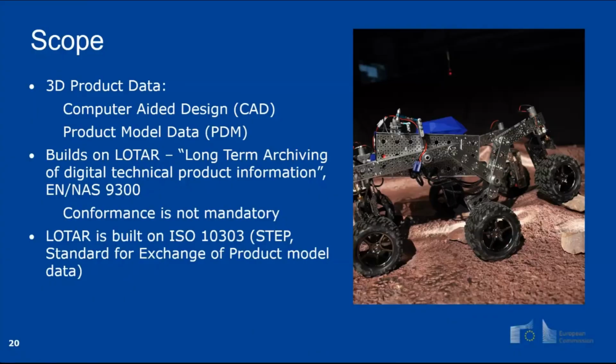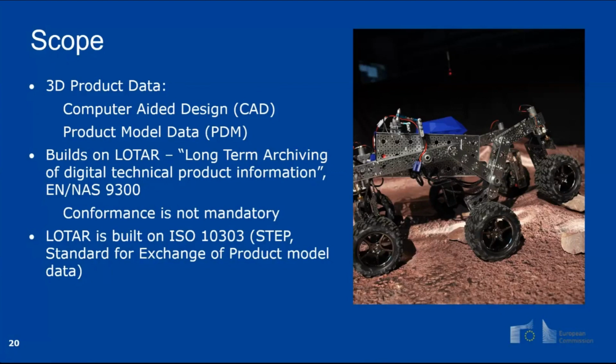The scope is 3D product data. So, mainly probably computer-aided design data, but I include the broader definition of product model data and will talk a bit more about that in reference to the STEP standard. As I've described, it builds on LOTAR, the long-term archiving of digital technical product information, which is published as EN 9300.